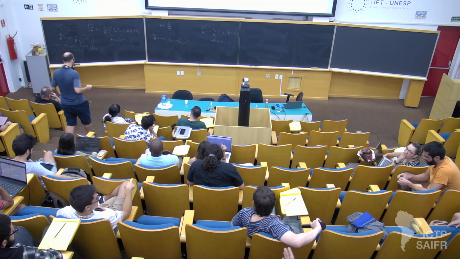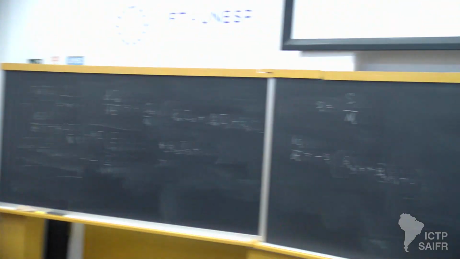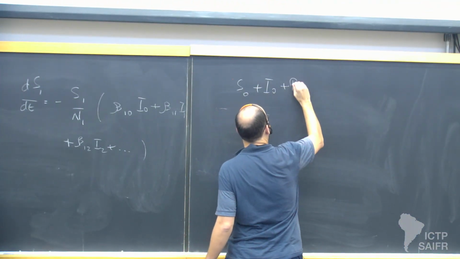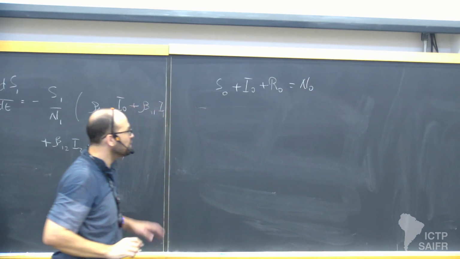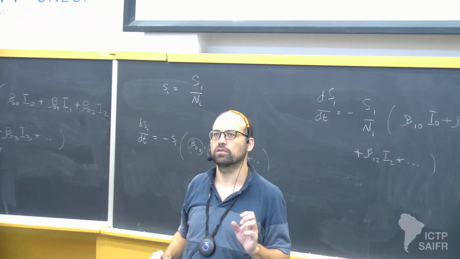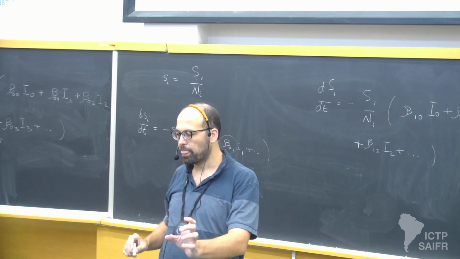Now I have constraints for each age class, right? So I have that at 0. I should have started with this, right? So for each age class, I have, and right now I'm looking at short time scales. So this is also important to note, that I'm not looking at aging yet.